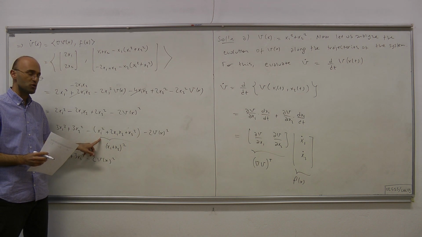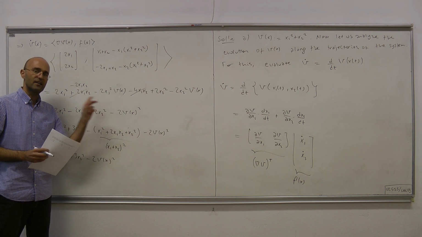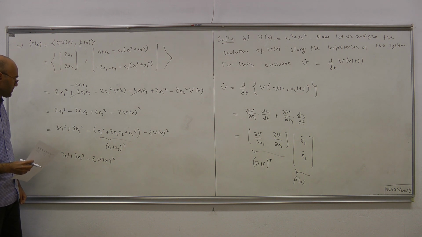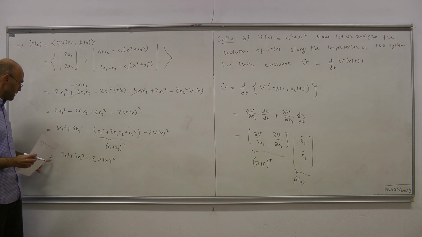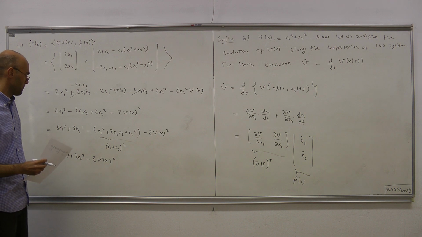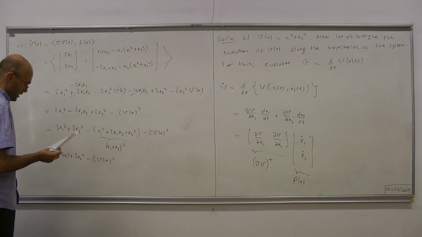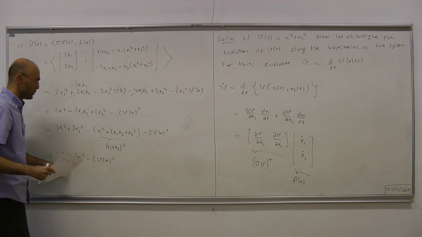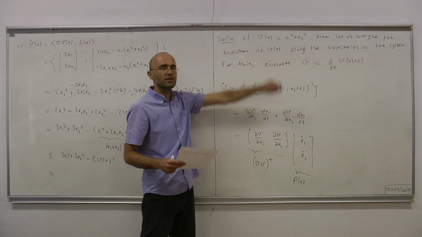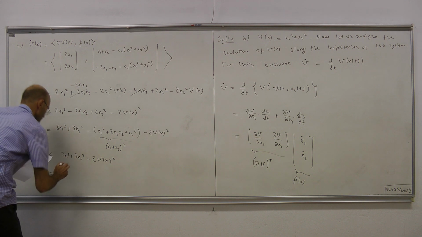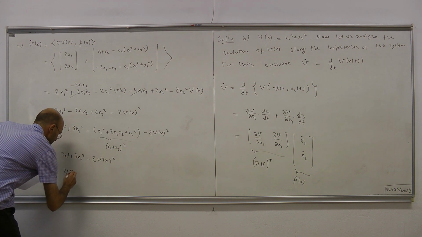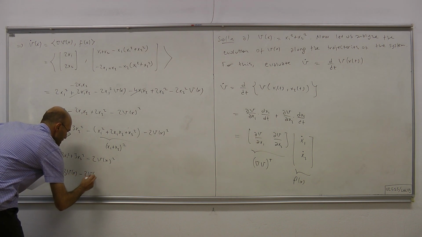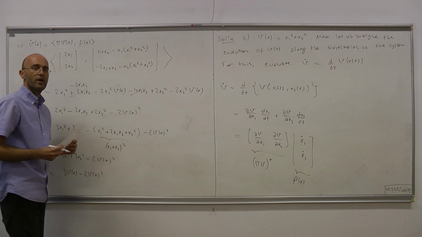We removed this term because it's always non-positive, and we replace the equality sign with a less-than-or-equal sign. Again, this is no other than 3 times V of x, minus 2V of x squared.